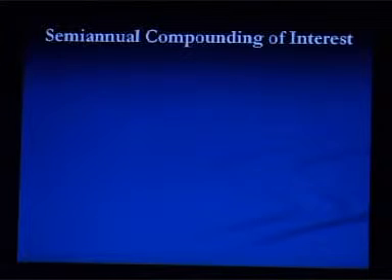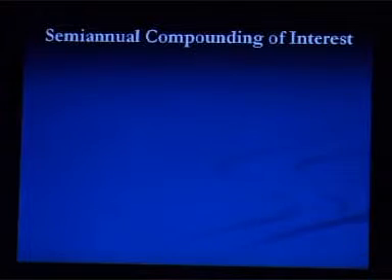You know that in the time value of money, the timing of cash receipts is very important, and in this case you are getting interest 2 times in a year rather than once at the end of the year. Let us see what will be the change in the formula in this particular case.